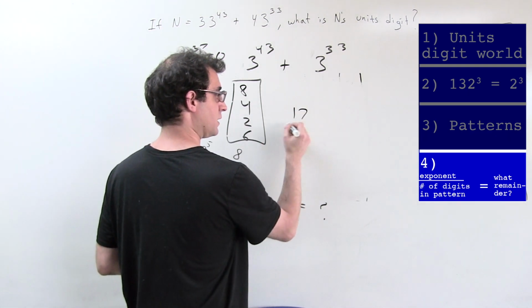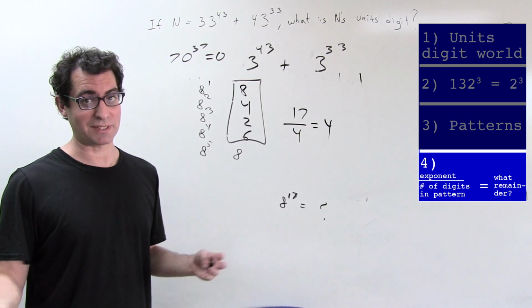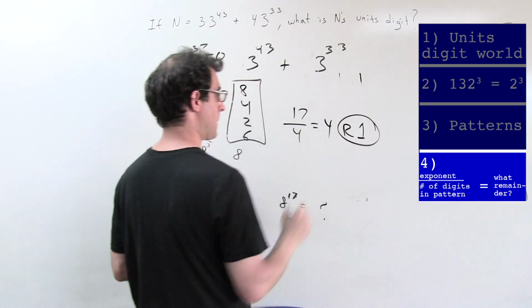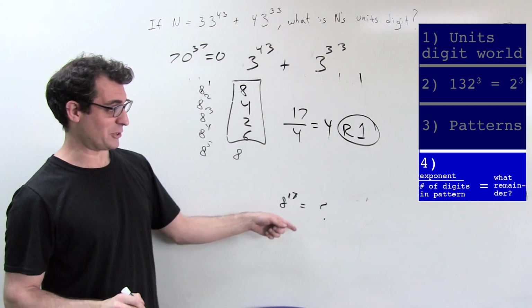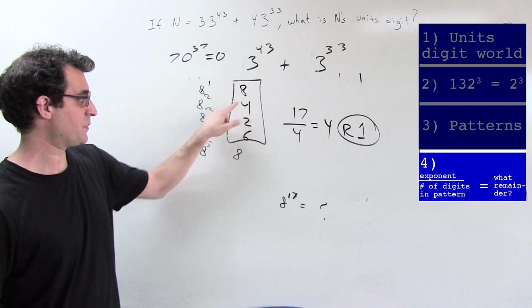So 17 divided by 4 is 4, but more importantly, 1 is left over. There's a remainder of 1. So what's the units digit of 8 to the 17? It's going to be 8.